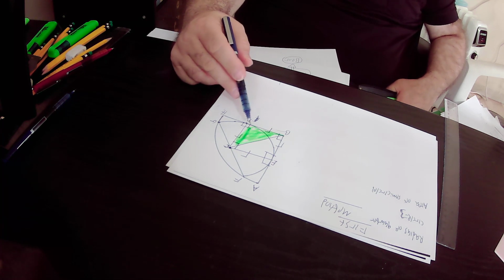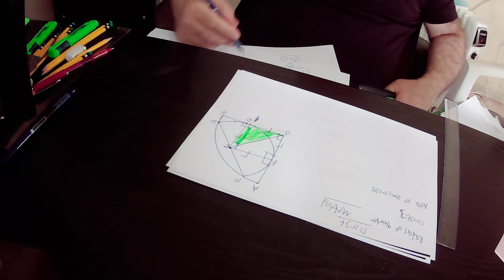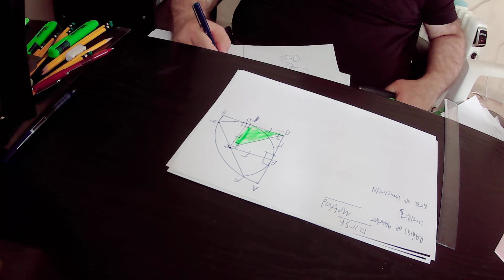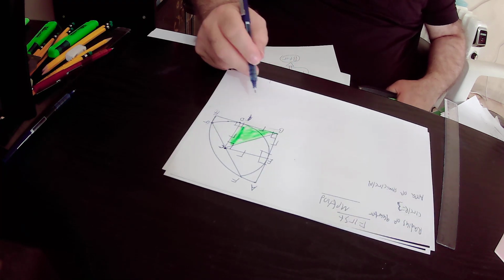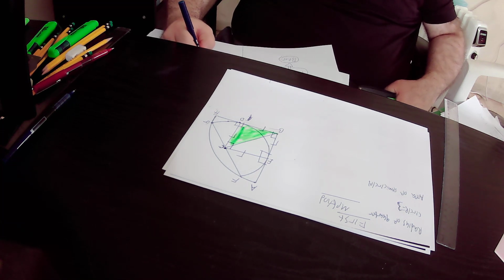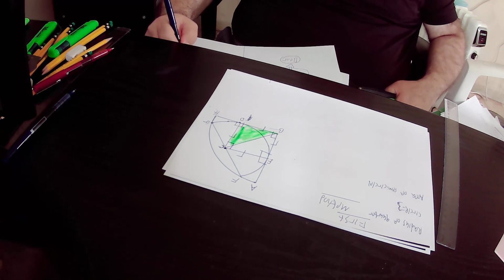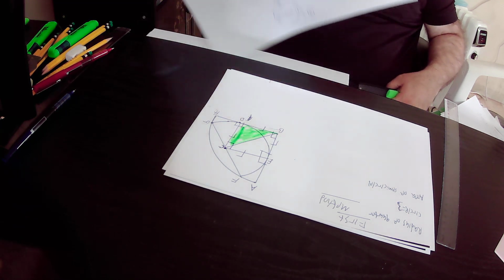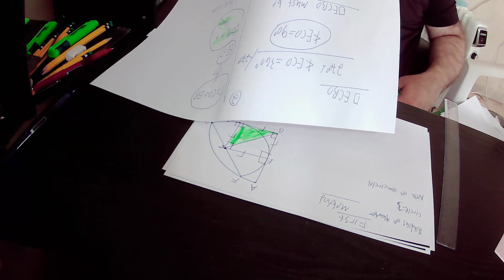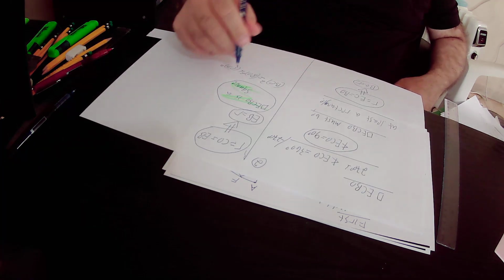That is to say, BC square equals BO square plus CO square in the right triangle CBO.